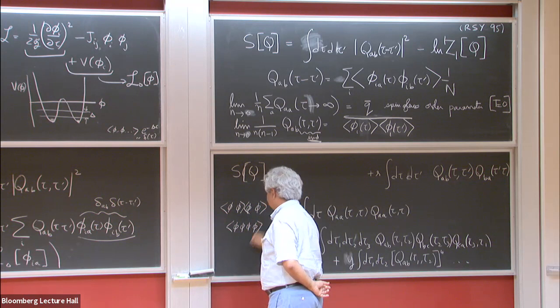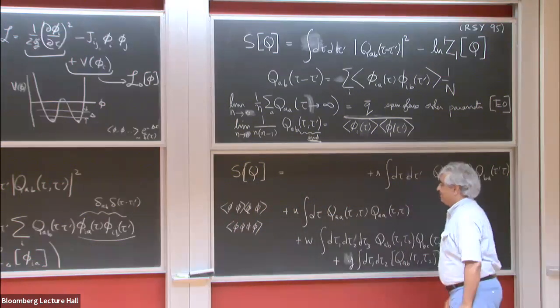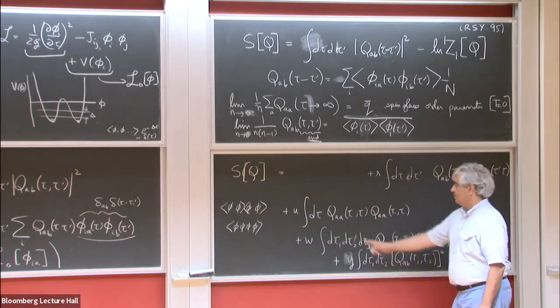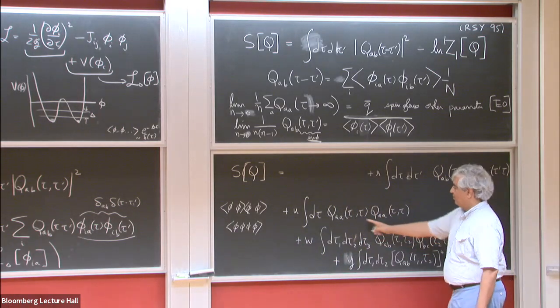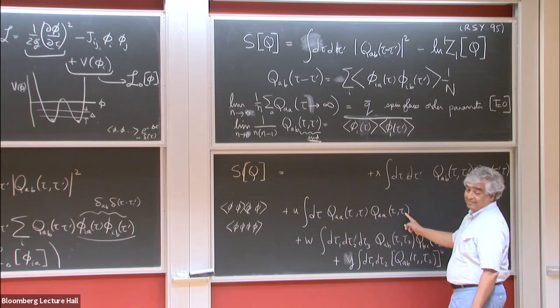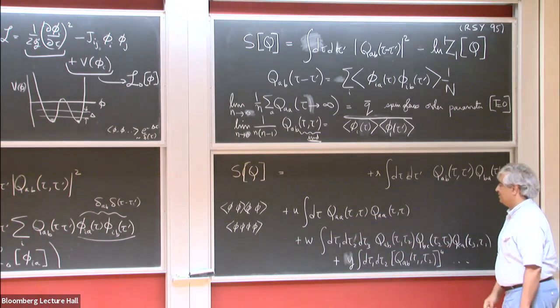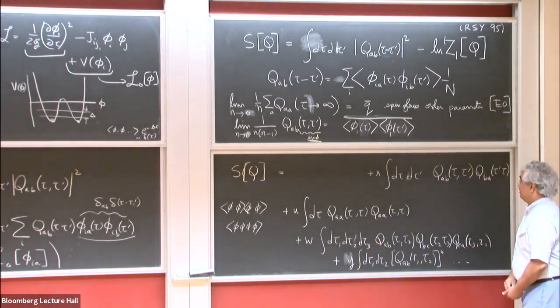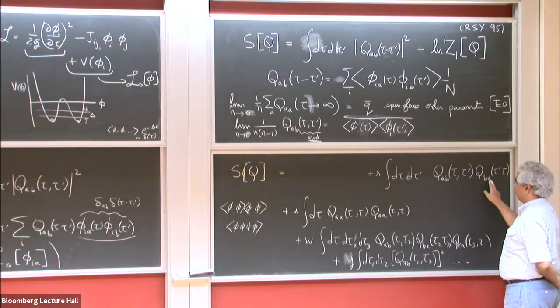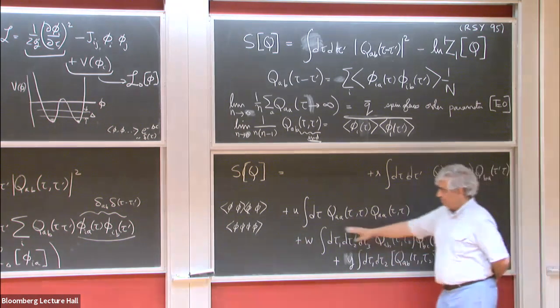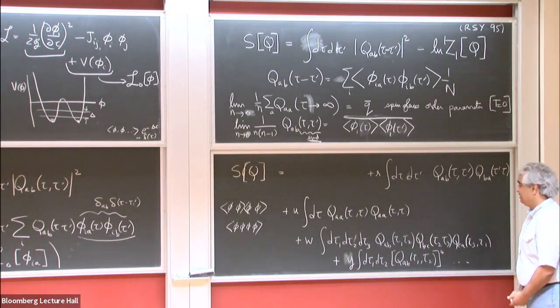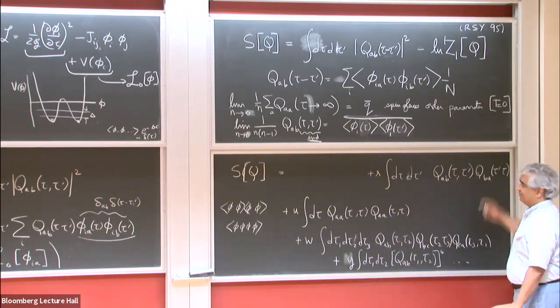This is also non-zero. And then all four have the same replica indices. So that's what happens here, and then all the taus become the same. So the basic rule that you can see in all of these terms is that the number of free replica indices is equal to the number of time intervals. It's true for every one of these terms.